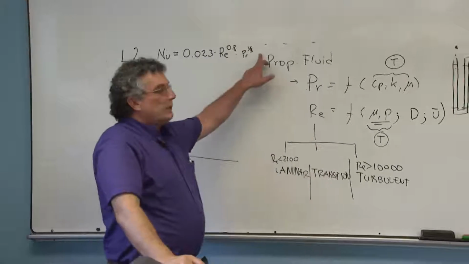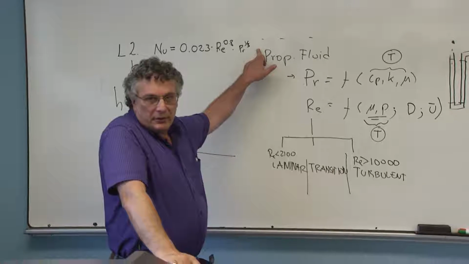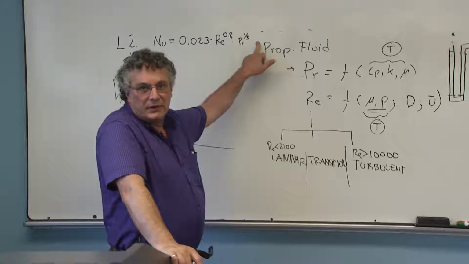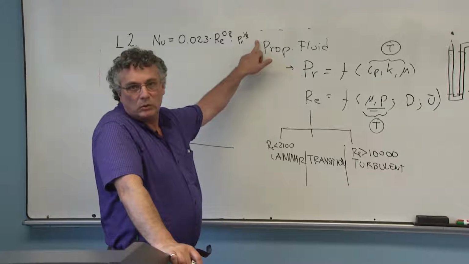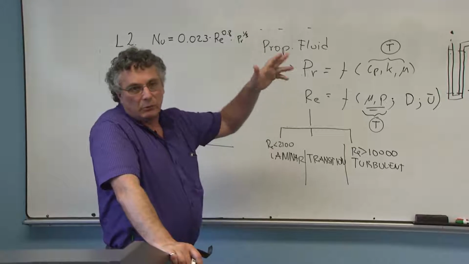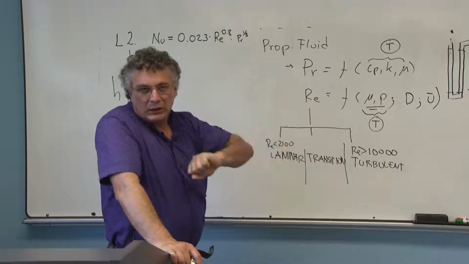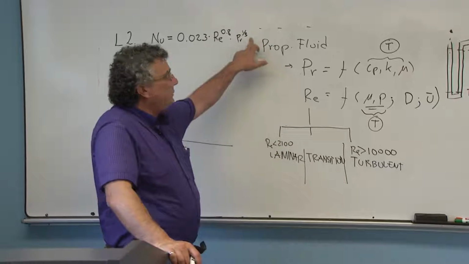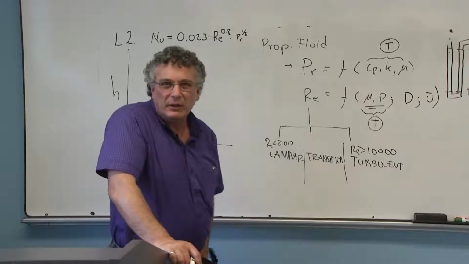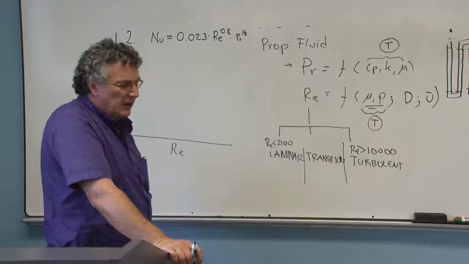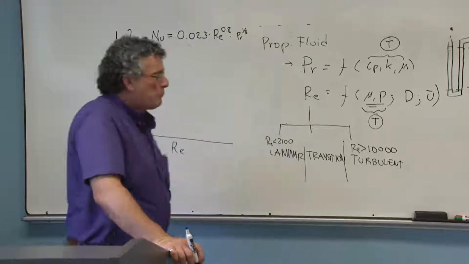Please note that I am neglecting the correction term due to the ratio of viscosities between the bulk and the wall. When you go to look at the textbook, you will have a term here, but in our case, it's not very big, so we're going to neglect it. It's never a number very different from 1.